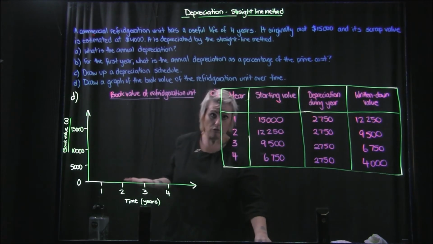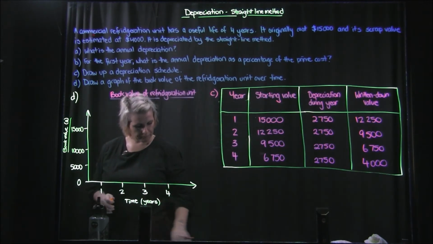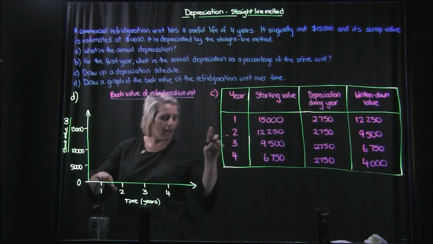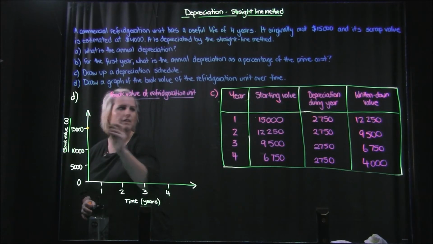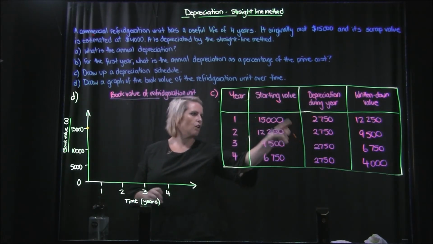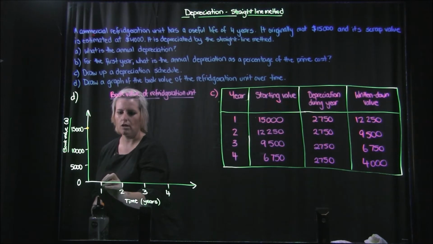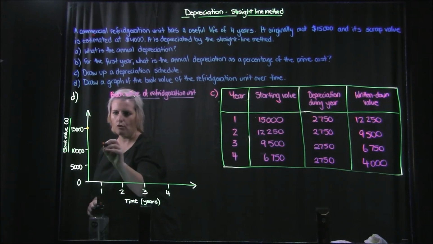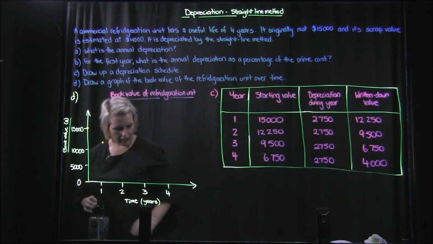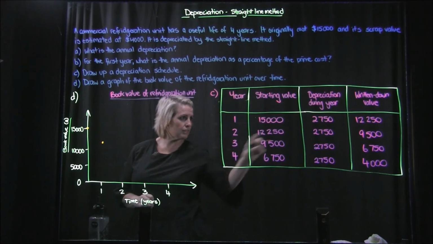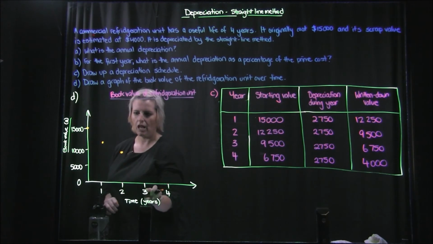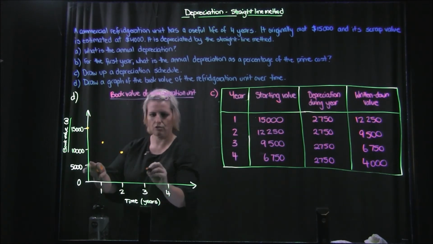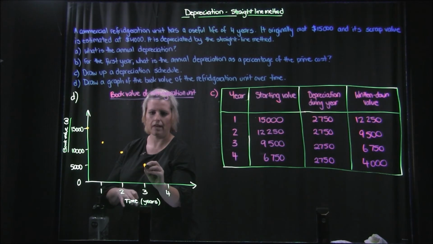Okay, and then I basically graph these on. At the very starting point, it was 15,000. Then at the end of year 1, 12,250. Maybe here, not so great. Then 2 years, 9,500, so just under there. 3 years, 6,750, so maybe about there.